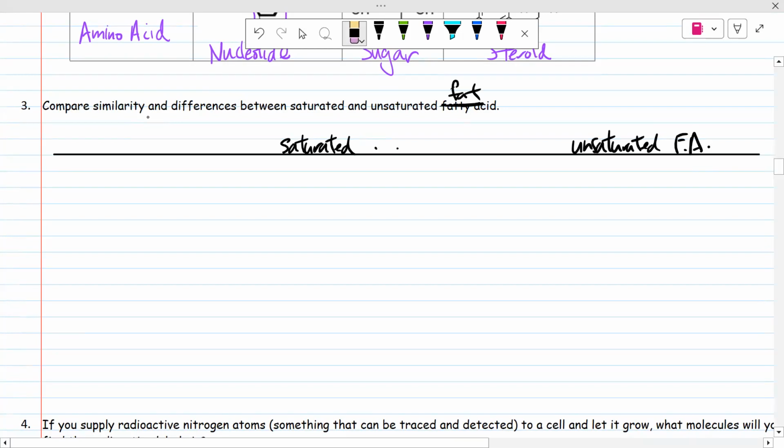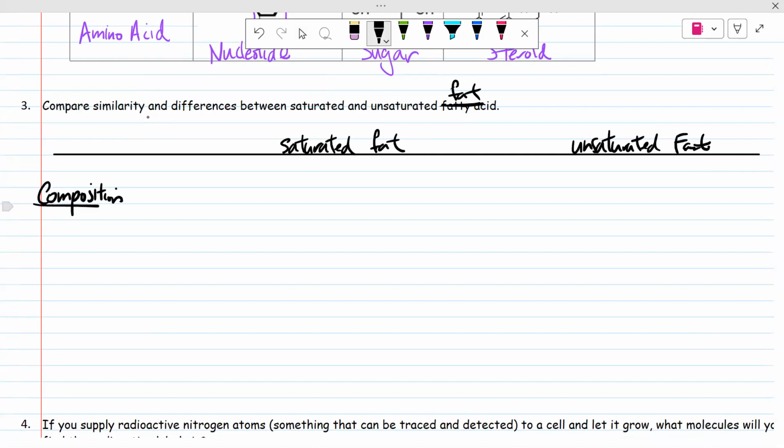Fatty acid is just the tail. Fat is the whole thing. So let's compare composition. For saturated fat, it is 1 glycerol plus 3 saturated fatty acids.